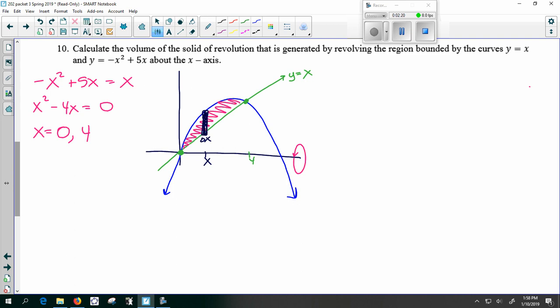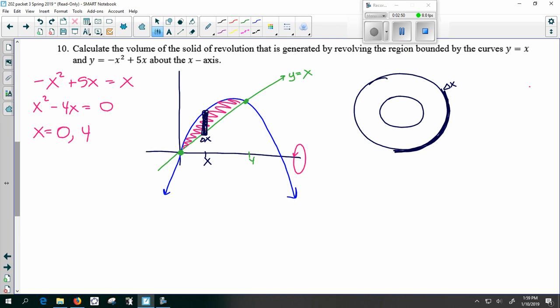And it is helpful and required to draw a picture of what you get when you sweep out that rectangle. So this is a picture of my slice after I've rotated it around the x-axis. It looks like a washer, and it's got some thickness. I'm a terrible artist, but try to show that thickness of delta x.